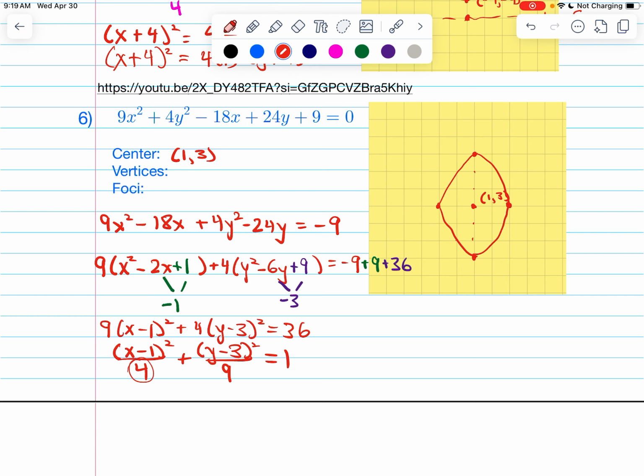Now I'll label the parts, the vertices. So I've got 1, 3 minus 3, and 1 comma 3 plus 3. Okay, so this up here is 1 comma 6, and this down here is 1 comma 0.